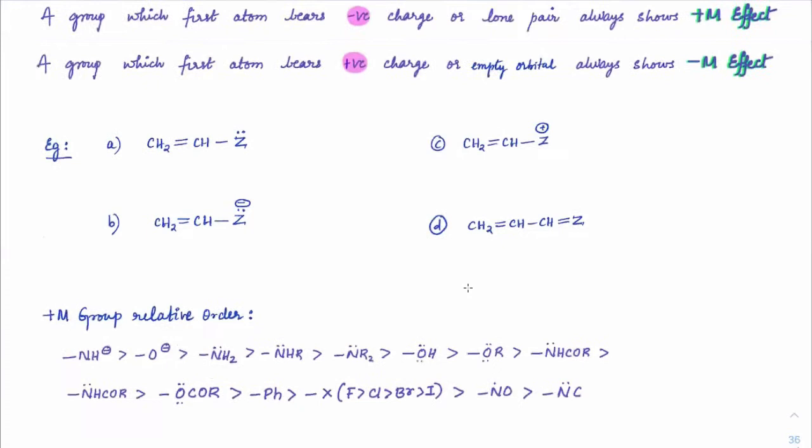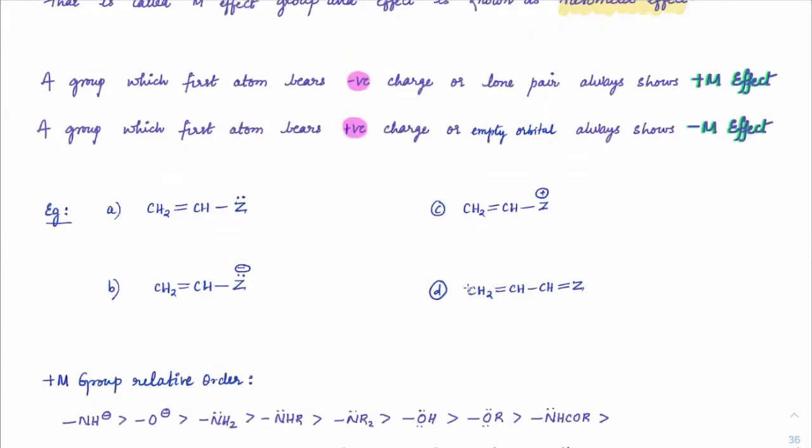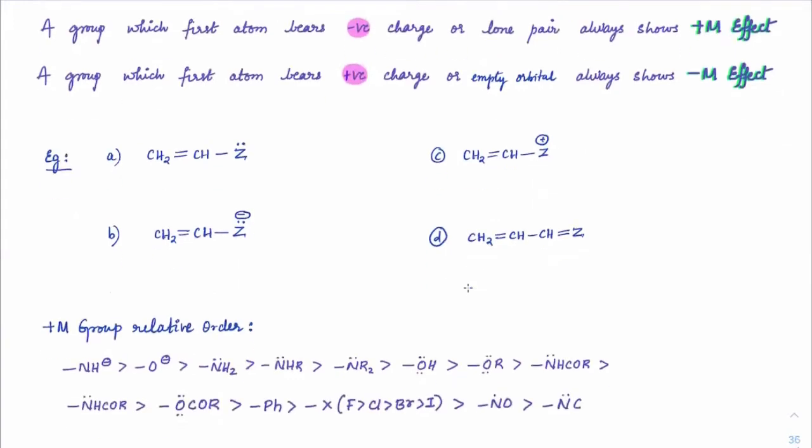Please remember this, either they should have a negative charge or they should have a lone pair, then they will usually show plus M effect only. Next, if you have a positive charge or an empty orbital, they usually show minus M effect. So this is the way you have to think about it.